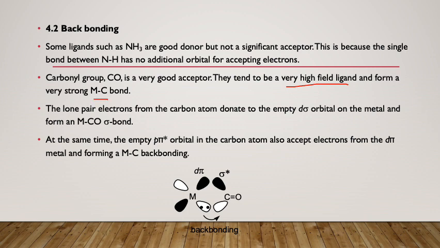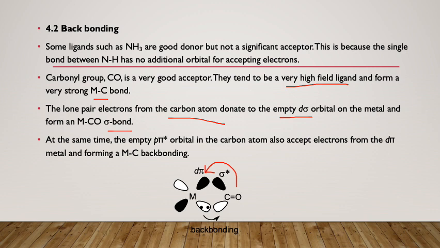The lone pair of electrons from the carbon atom donates to the empty d sigma orbital of the metal and forms an M-CO sigma bond.